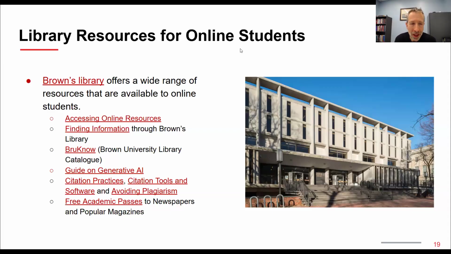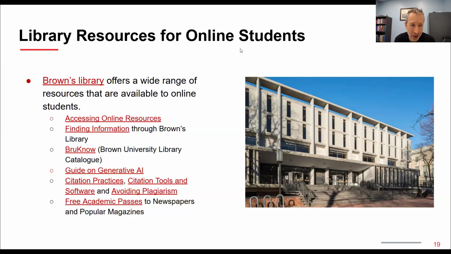Our libraries: there are something like 11 libraries at Brown. That's a guess, but it's in that rough range. The main one shown here is the Rockefeller Library, which is increasingly stocked with virtual or online resources. Almost all the books that I've seen purchased recently have been virtual.